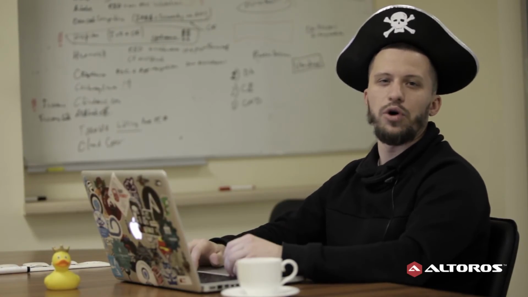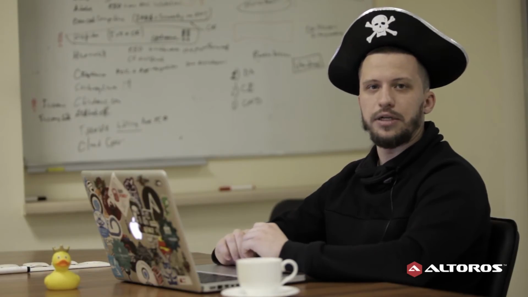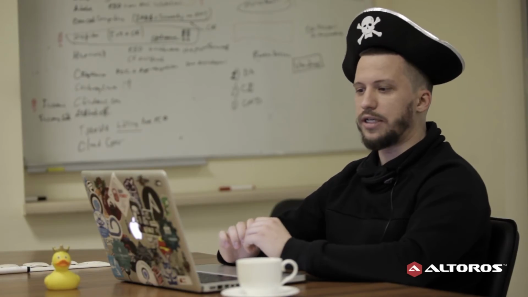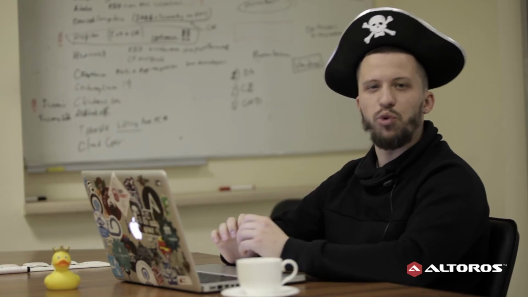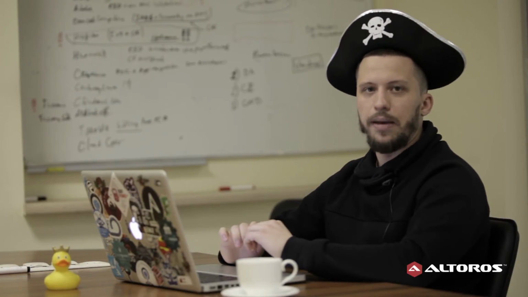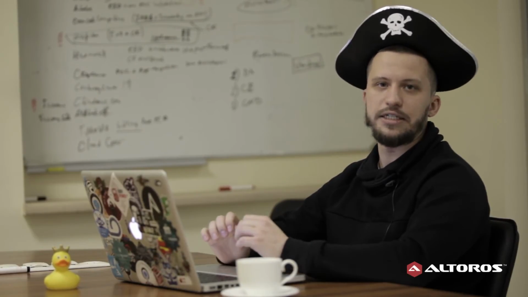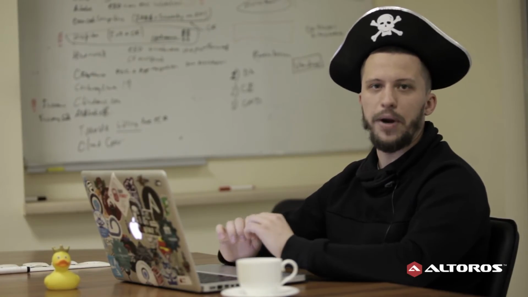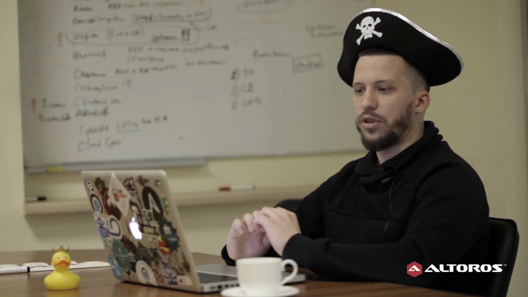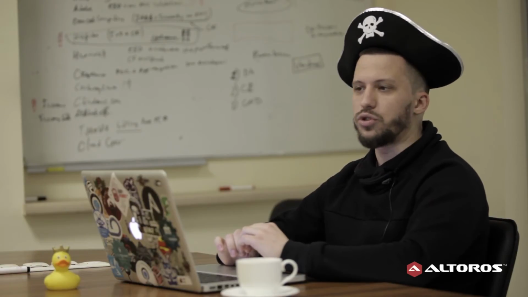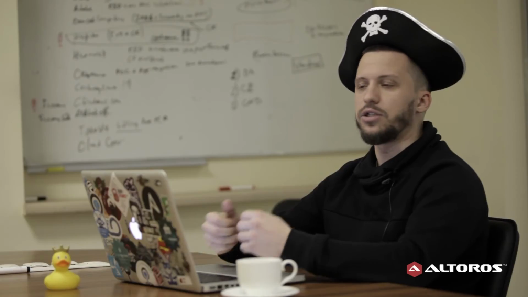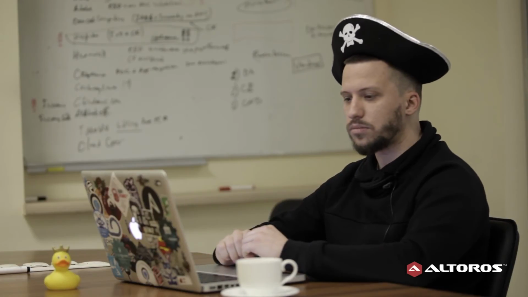COW stands for copy on write, and this vulnerability is qualified as high severity because it allows getting write access to read-only memory. In theory, this can be used to get access to your host.